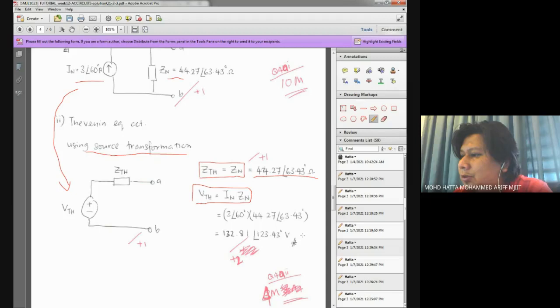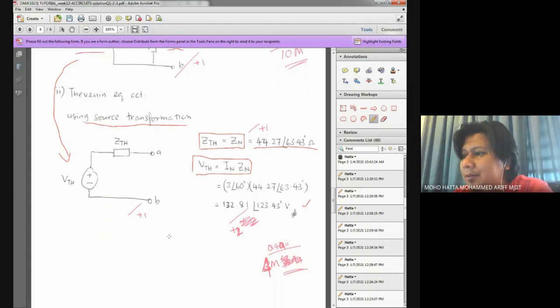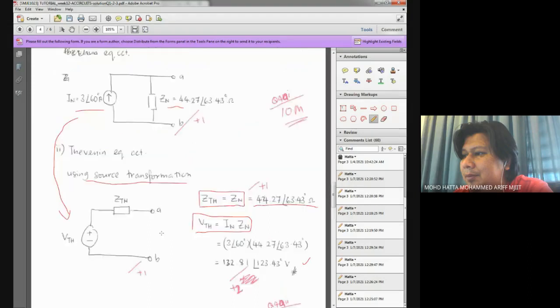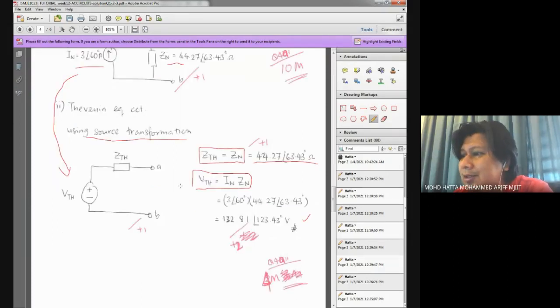Once you get this value, just draw back the Thevenin equivalent circuit. It's quite straightforward, and just by writing this definition as well as using this easy source transformation calculation, you will get 4 marks in total.